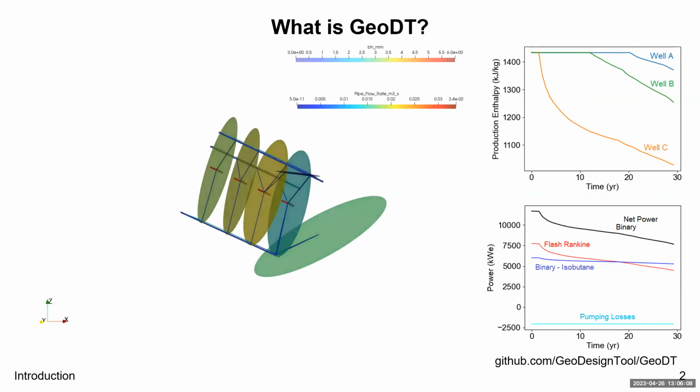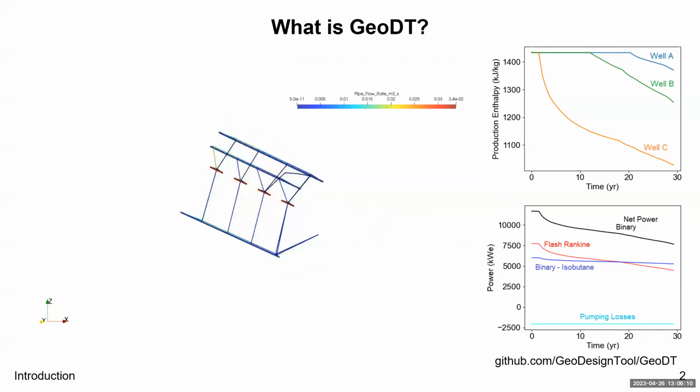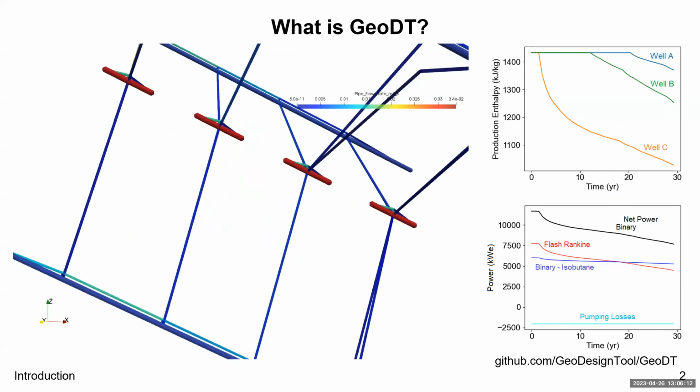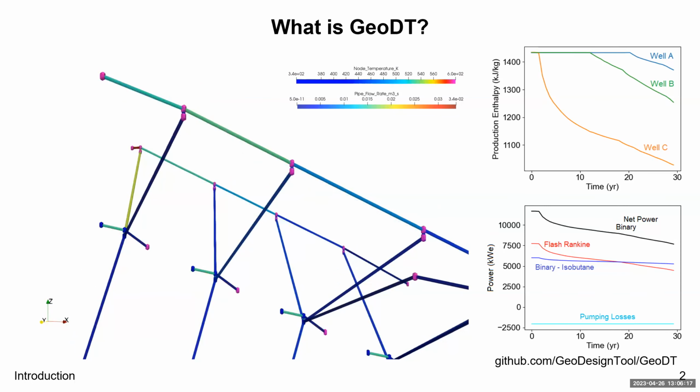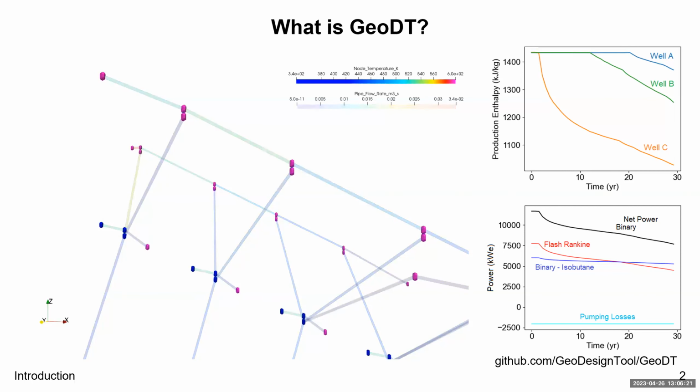And then here you're seeing GeoDT under the hood a little bit. So these pipes that you're seeing are how GeoDT solves the flow through the system. And you can see the flow rates colored by magnitude here on those pipes. And then at the end of the video here, you can see how the color change of the nodes is modeling the temperature reduction over time as fluids are flowing through this particular design of an EGS system.